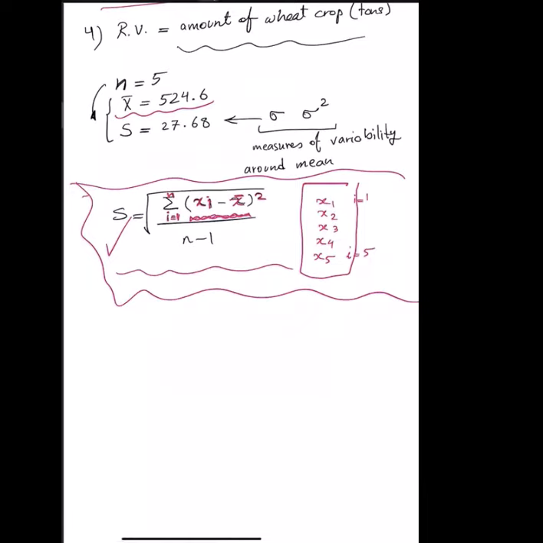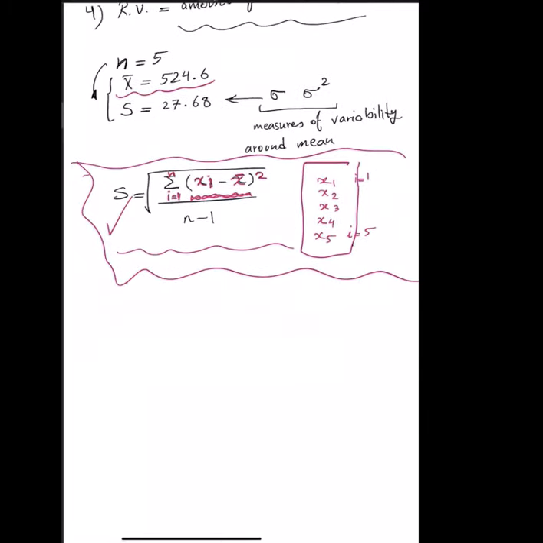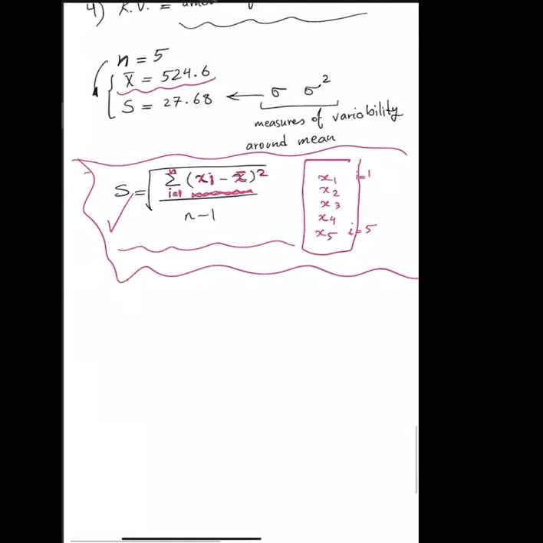Now, what do I want to calculate? When you look at part A, it says we want to test the hypothesis that the mean wheat crop is 550. So our null hypothesis is that the average of the wheat crop is 550 tons, and our alternative is that this is not the case.